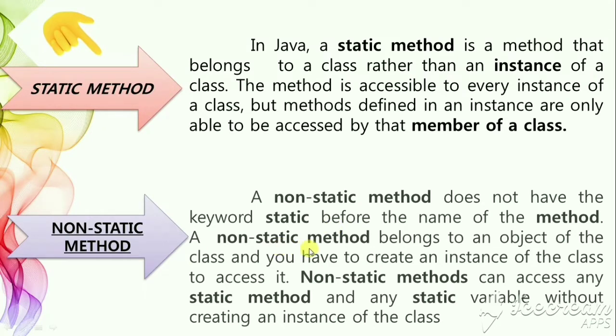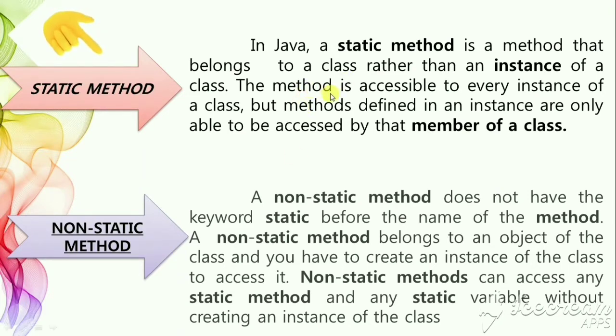A non-static method belongs to an object of the class, but a static method belongs to the class rather than the object. This non-static method purely belongs to an object of the class, and you have to create an instance of the class to access it. So you must declare the object to access the non-static methods.